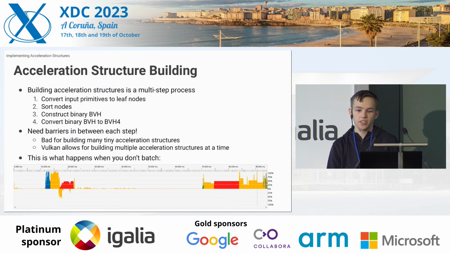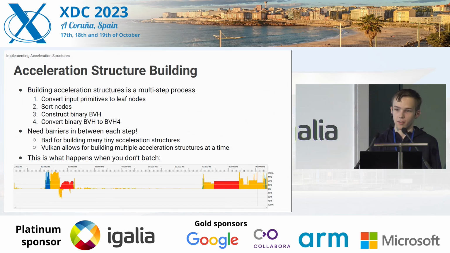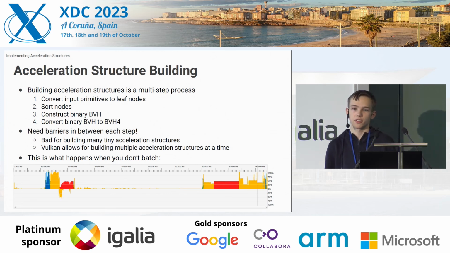And that's basically the worst case you can actually get. Like, you have around 100 milliseconds of frame time, which equates to 10 FPS, and 60 milliseconds of that, so roughly 2/3 of that, is just spent building acceleration structures with really garbage utilization. So it's best to just batch.